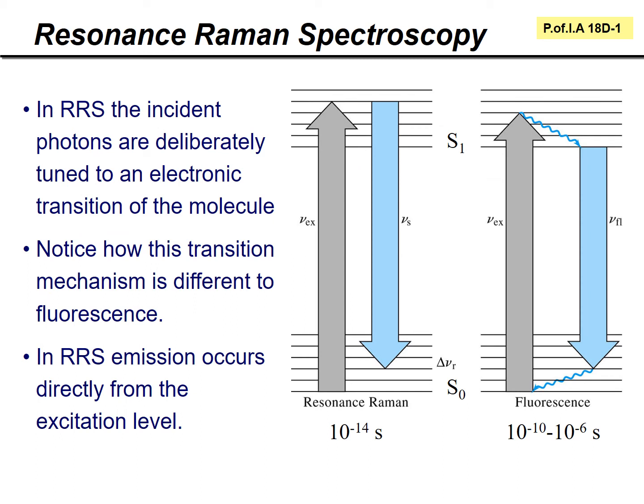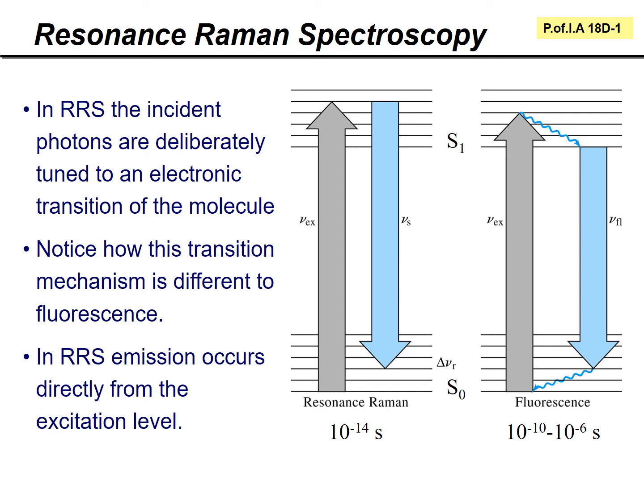Okay, we're going to finish up now with a quick discussion of a variation on Raman spectroscopy called resonance Raman spectroscopy. Now, we're using visible light to do Raman, and in the first part of the course we spent a lot of time talking about fluorescence, which is emission of visible light, usually following absorption of visible light.